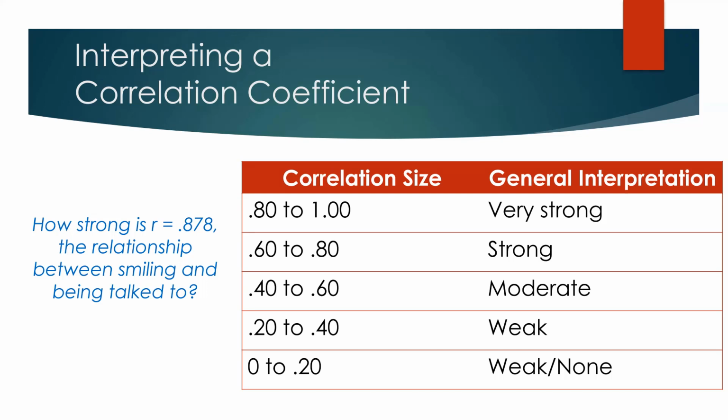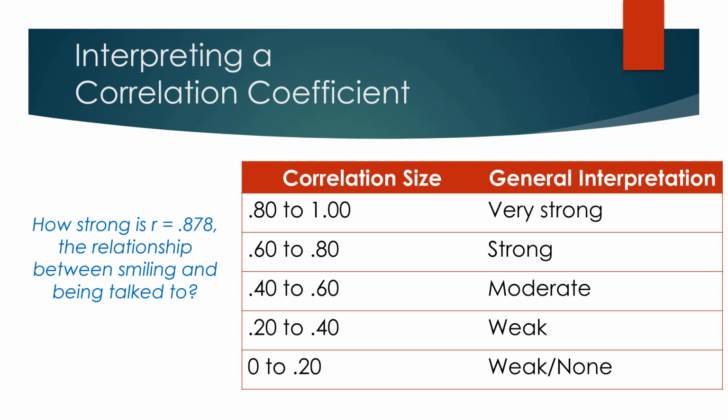Here is the problem with measuring strength using this arbitrary range system. Let's say hypothetically that I got a correlation of exactly 0.80. How would you know if it falls into strong or very strong? Or how about this? What if I got a correlation of 0.79? Obviously that would fall in the strong range, but is 0.79 that different from 0.81?